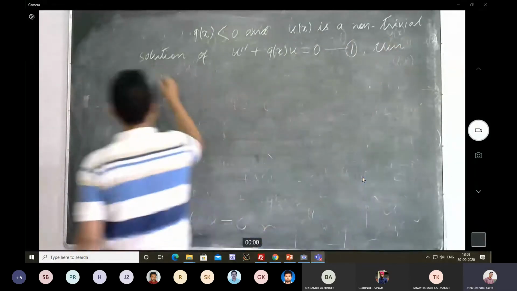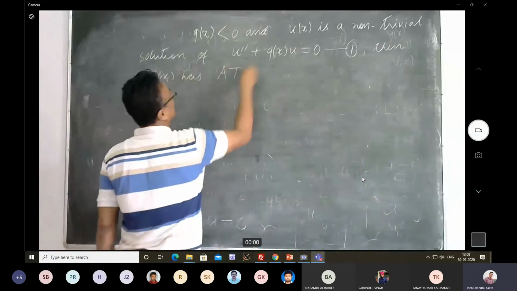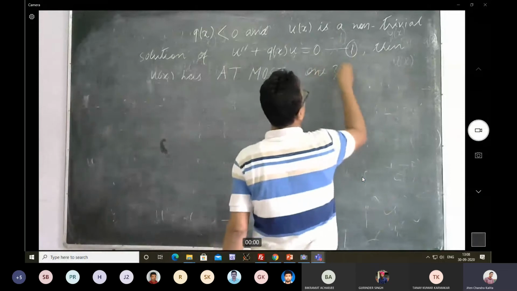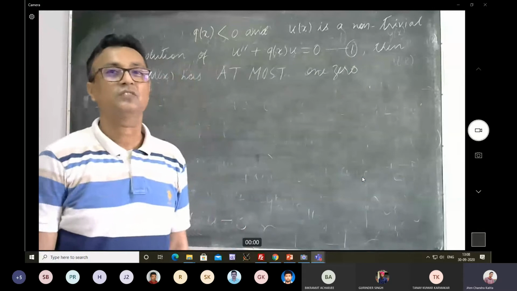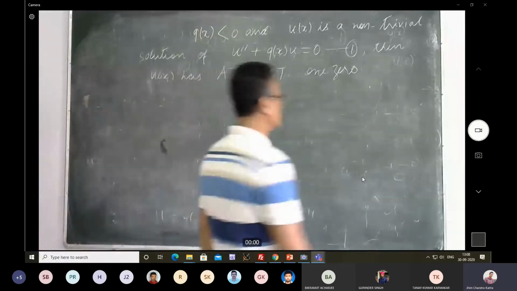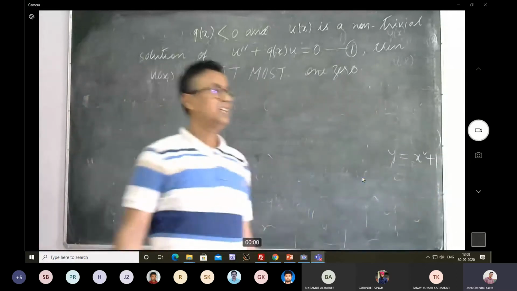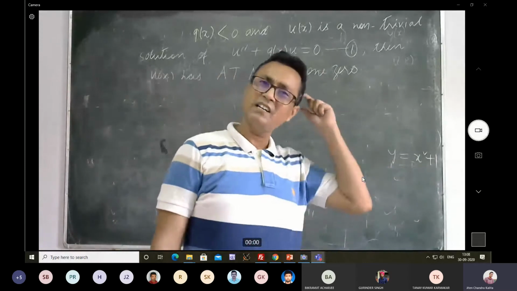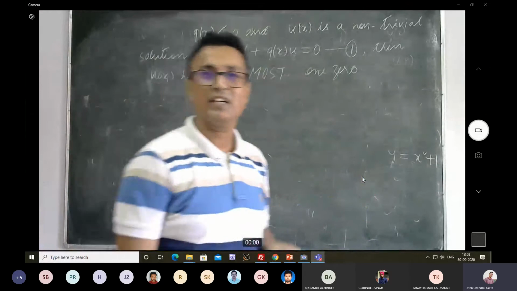Then ux has, remember, at most 1 zero. At most, so that means it may not have any zero at all. Suppose your solution is of this form, say x squared plus 1. This function has no zero. The curve is always going to lie 1 unit above the x-axis.